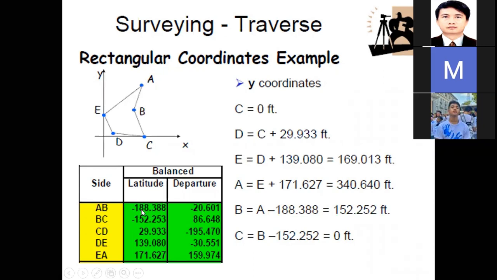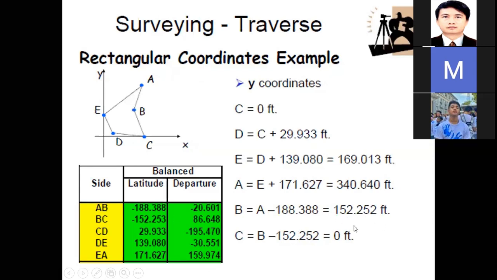For AB, it's negative. So 340.64 is the y value of A, minus 188.388, to give us the y component of B, which is 152.252. Then the last point, our starting point earlier, which is point C. We need to again subtract the latitude value.